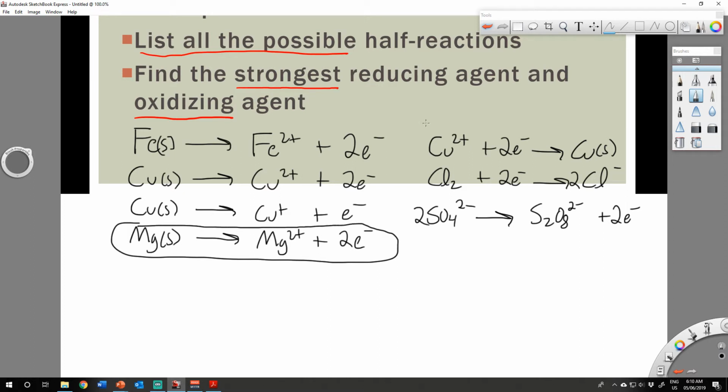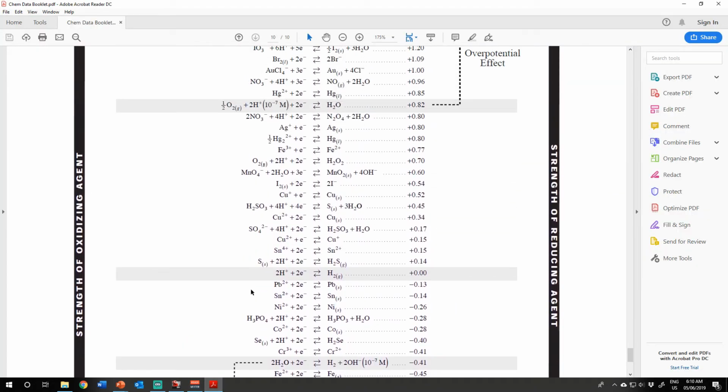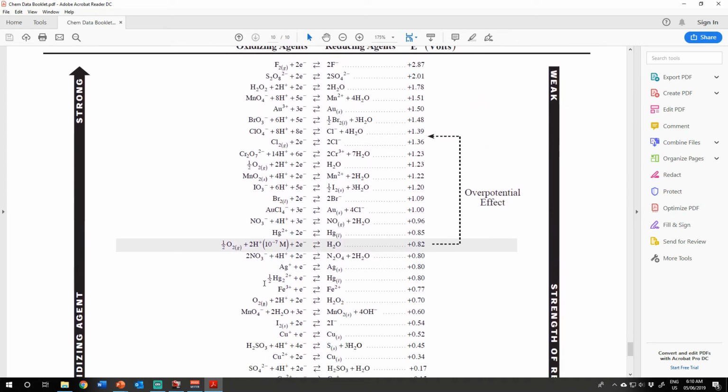Now, from our list of possible reduction reactions, which is a stronger oxidizing agent, let's take a look. Back, I think that was easy though, because I mentioned it a few times before. Oh, I'm talking about fluorine. Fluorine's a really strong oxidizing agent. So that's not fluorine, but there's chlorine, which is pretty high up.